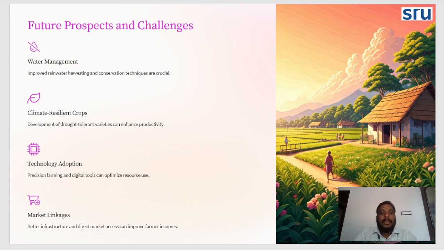When farmers adopt new methods in agriculture like precision farming and digital tools, they can optimize resource use and get more yield per square kilometer, or more profit with less investment. That's how it is going to help India come out of this shortage of food.